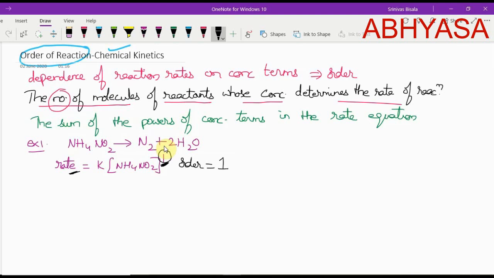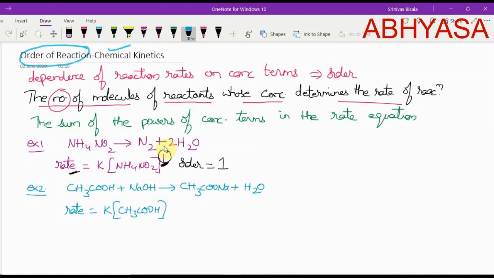Let's take another example. If I take the reaction between acetic acid and sodium hydroxide giving rise to sodium acetate and water, here the rate expression is given as rate equals K into concentration of acetic acid into concentration of sodium hydroxide, and the powers of both the terms are equal to 1.